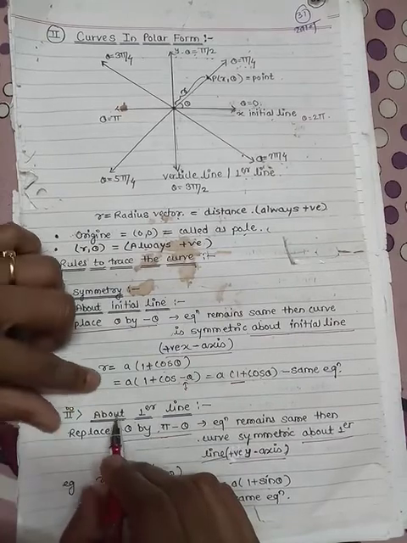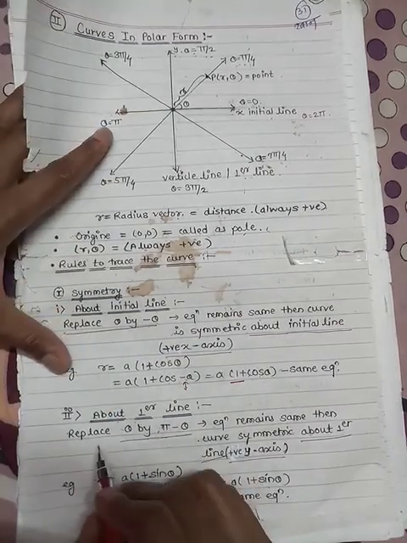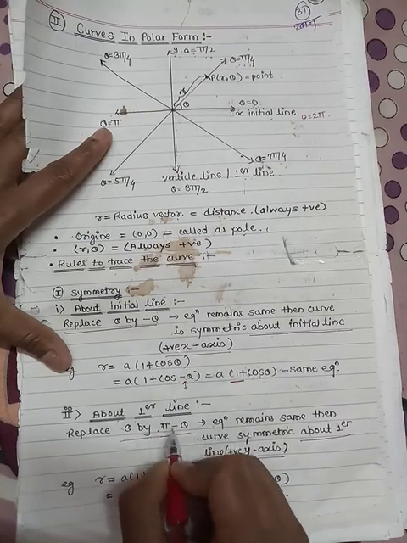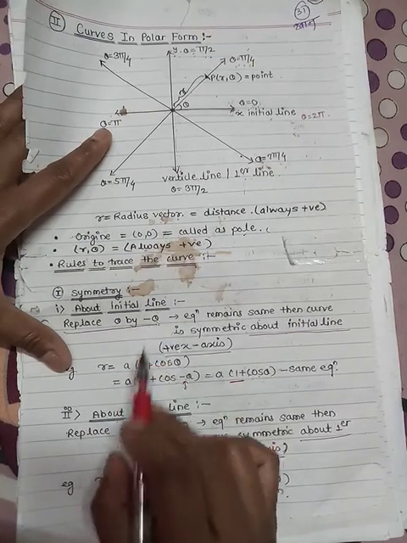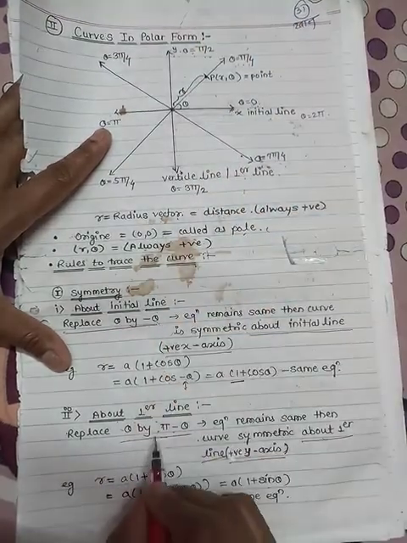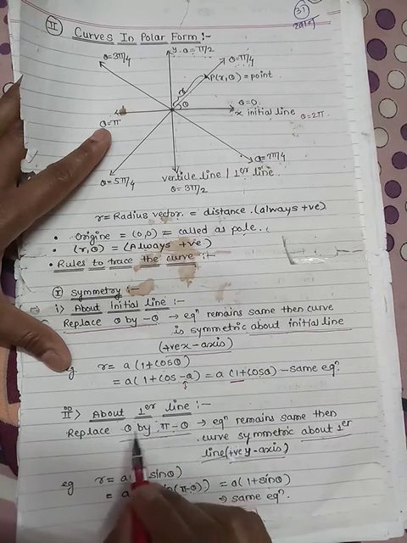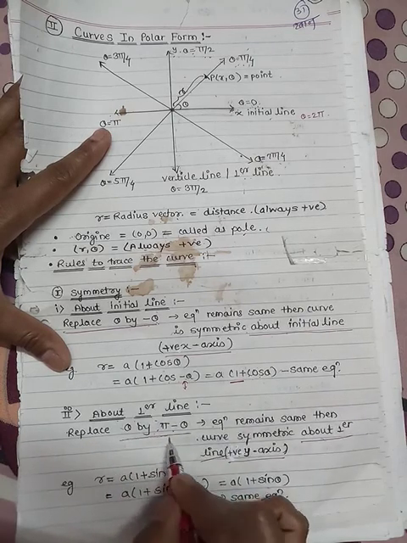Then second is symmetry about the perpendicular line. What is the condition for that? Replace theta by pi minus theta. For the initial line, replace theta by minus theta. For the perpendicular line, that means the y-axis, for symmetry about the y-axis or about the perpendicular line, replace theta by pi minus theta.